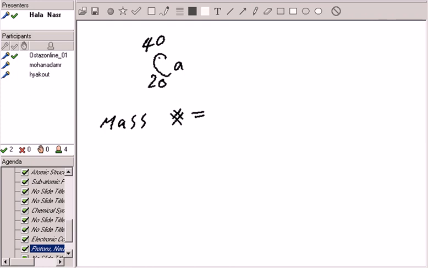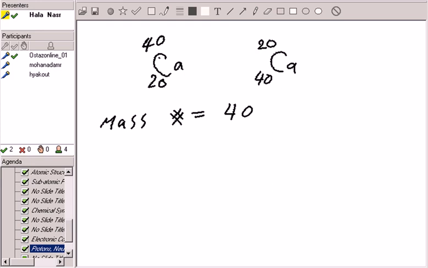Because it's obvious here, it's 40. Yes, how did he know it's the 40? Why not the 20? I can write some periodic tables this way. Because it is the bigger one. Excellent. So because it's the bigger one, the mass number is 40.